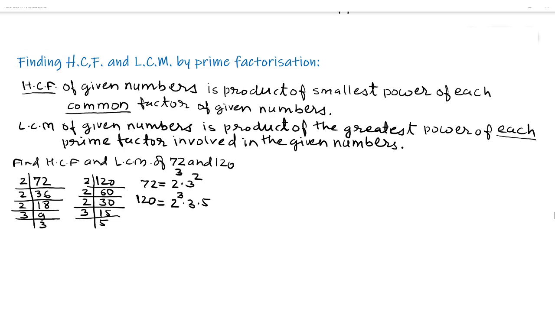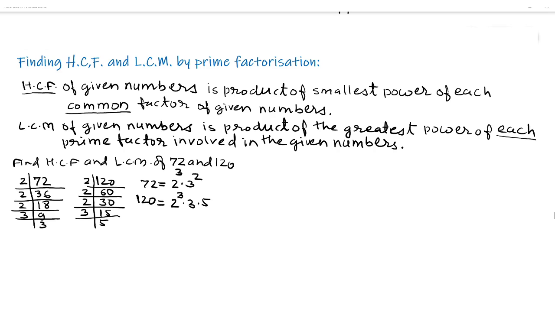Now as per the procedure, HCF is the smallest power of each common factor. Here common is important. So what we find here, 2 and 3 are common in the prime factorization of 72 and 120. And we have to take the smallest power. So here 2 has the power 3 in both the cases.